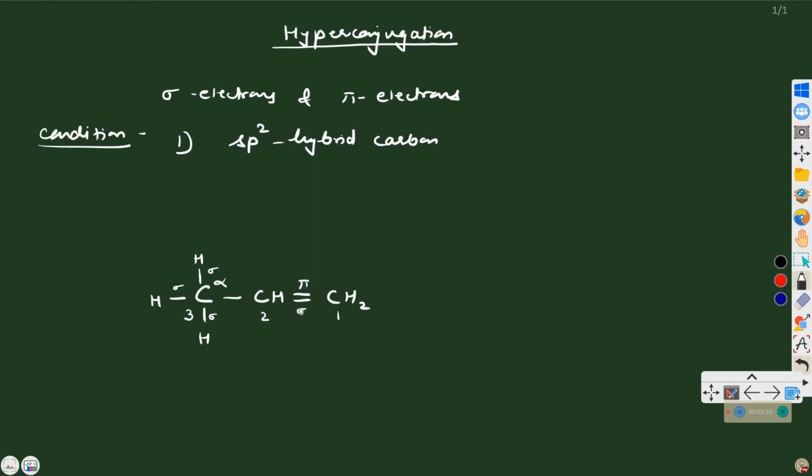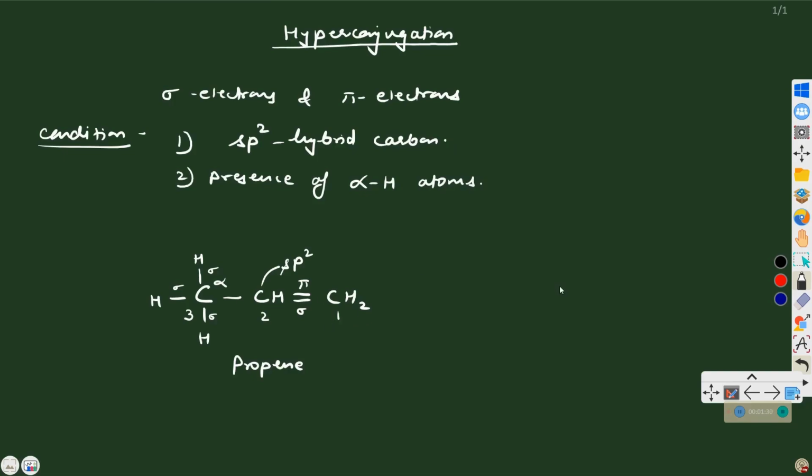Okay, this is propene. So the first condition is that there should be an sp2 hybridized carbon, and the second condition is the presence of alpha hydrogen atoms. So in propene, both the conditions are fulfilled.